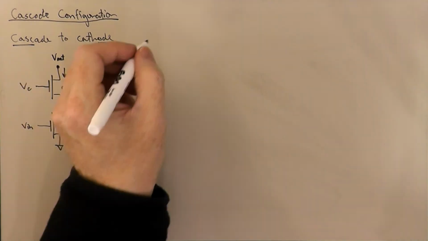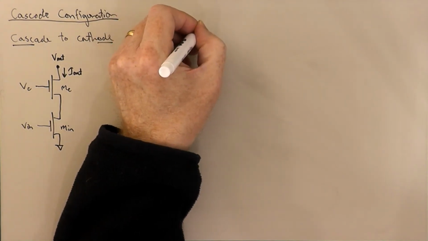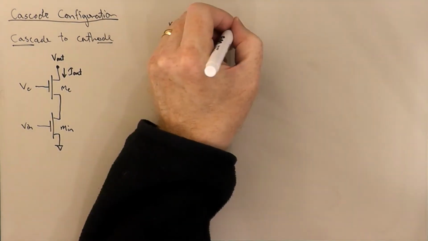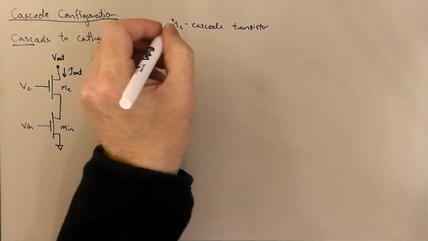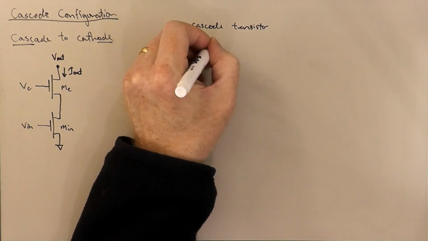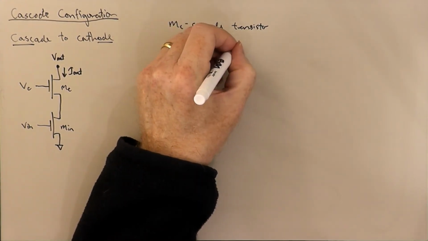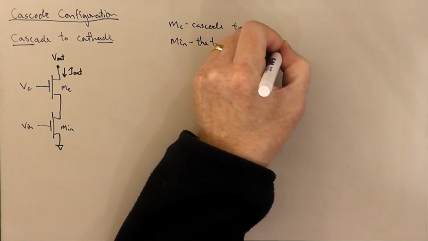So MC is called the cascode transistor, and Min is the transistor being cascoded.